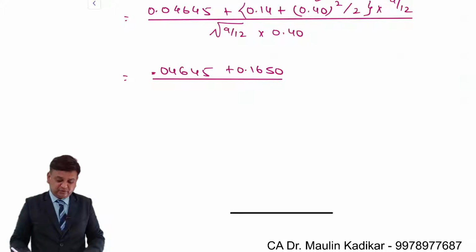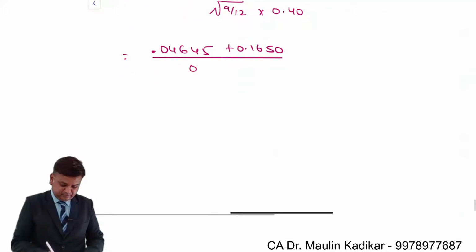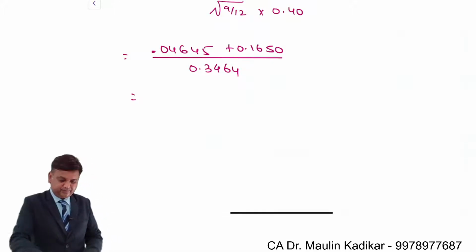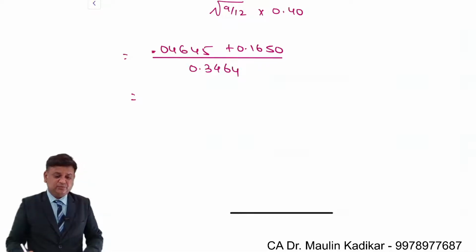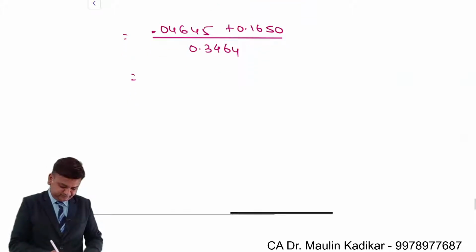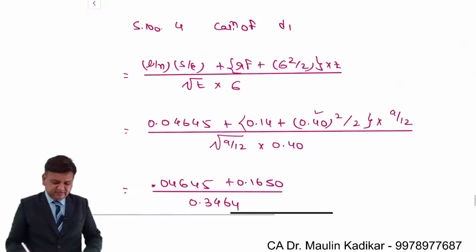So 0.3464. So 0.04645 plus 0.165 upon 0.3464, 0.6104. This is the way the D1 value will be found.